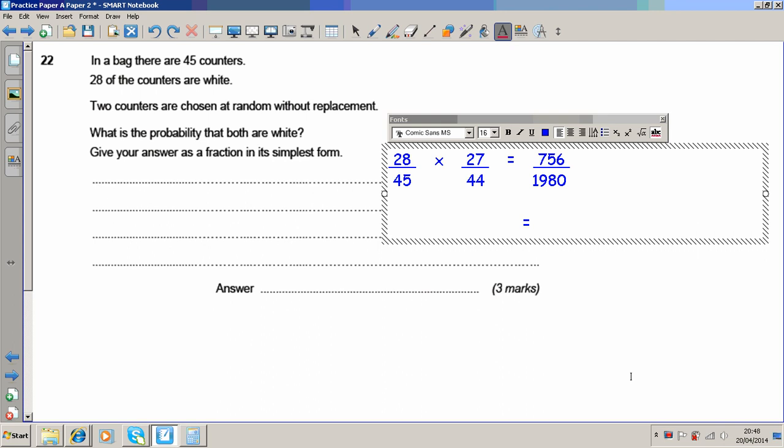So simplifying that, we can go that far: 189 over 495.